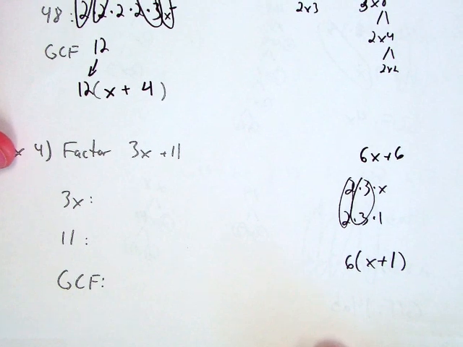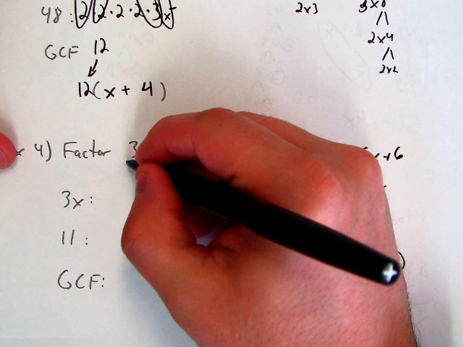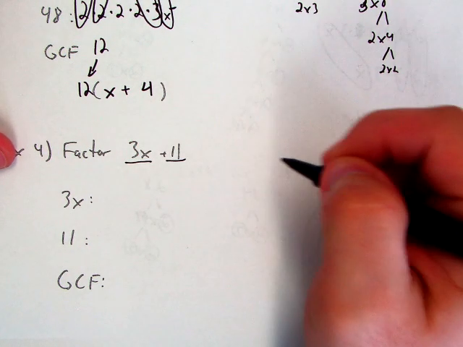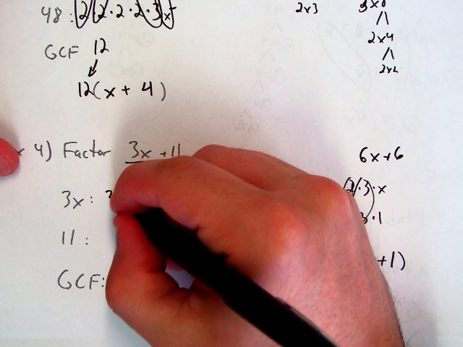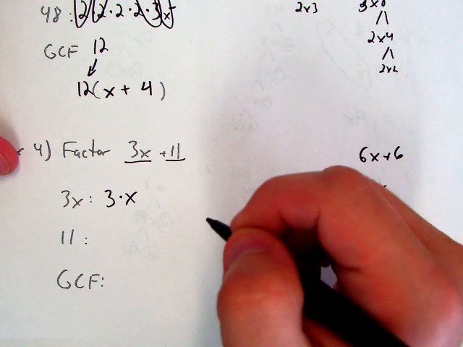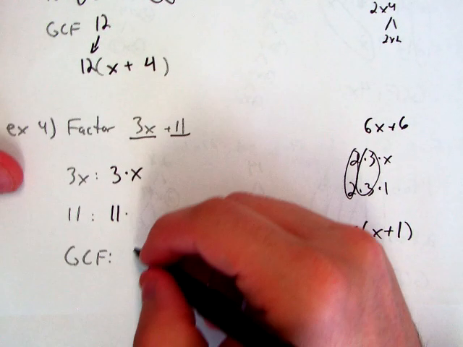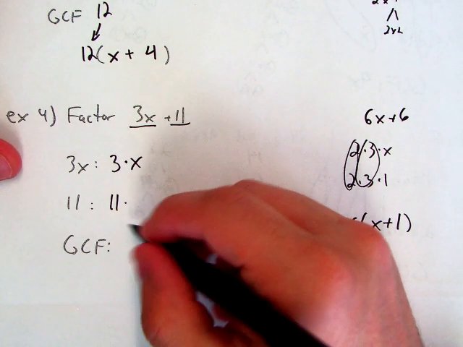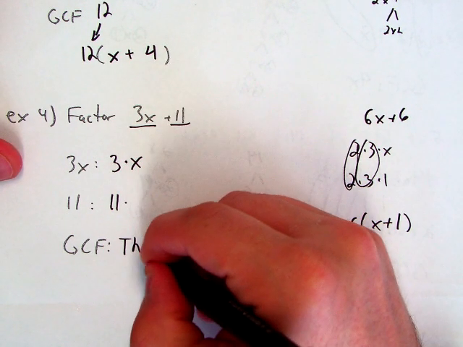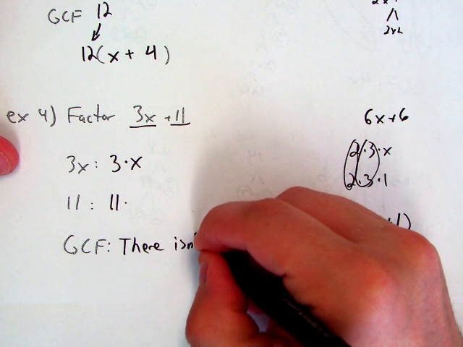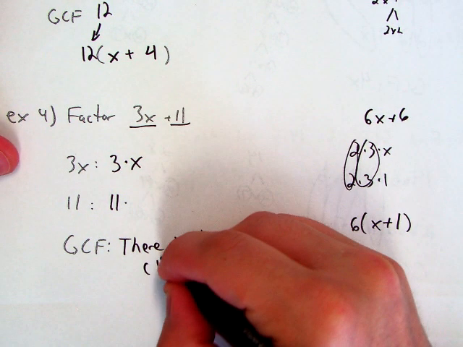Example 4, let's factor 3x and 11. Now, the interesting thing is both 3x and 11 are already prime. So 3 times x is 3x, and 11 is just 11. So in this case, the greatest common factor is, there isn't one, or the number would be 1.